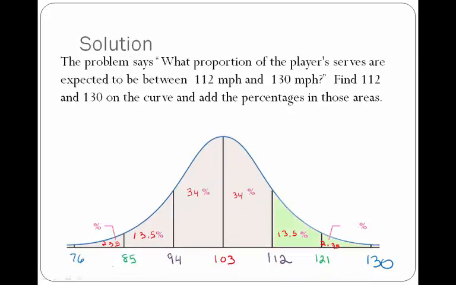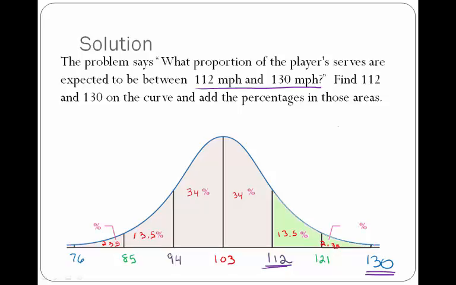Now the question was, what proportion of the serves do we expect to find between 112 and 130? So we had to go all the way up to 3 standard deviations because that's where we find 130, and 112 is 2 standard deviations. So the percentage or the proportion is actually the area under that curve, and it is highlighted here in green.